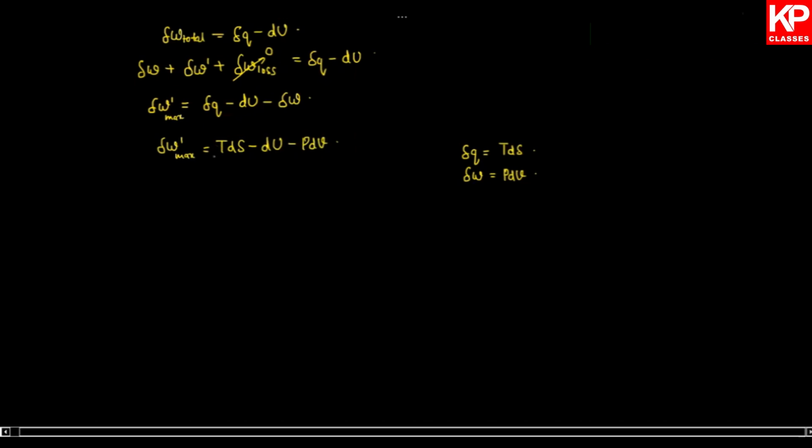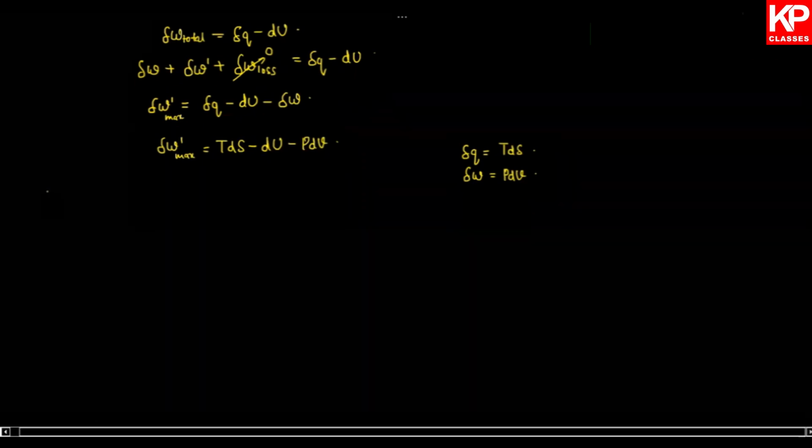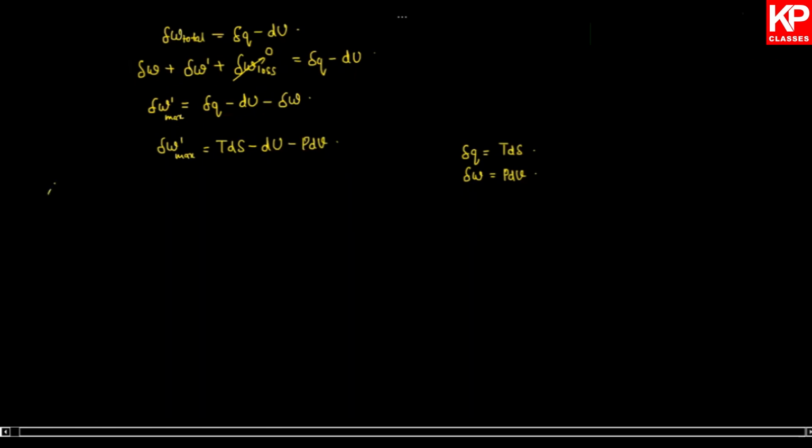I hope everyone is getting this equation. Try solving it on your own. What we have considered is that the particular system is taken at constant temperature and constant volume.